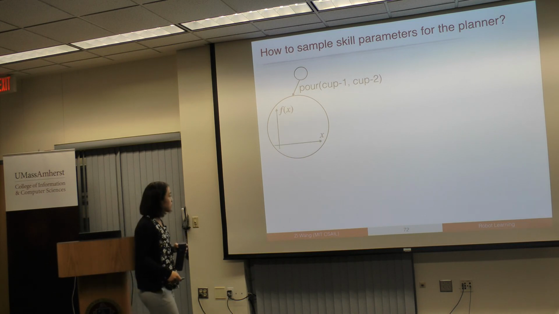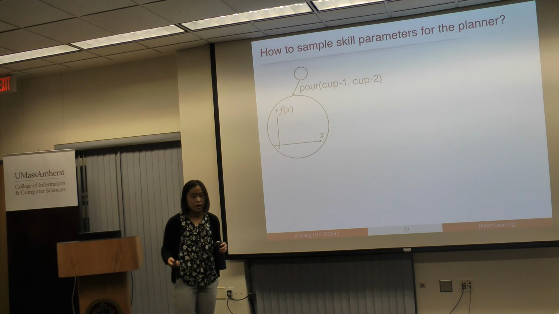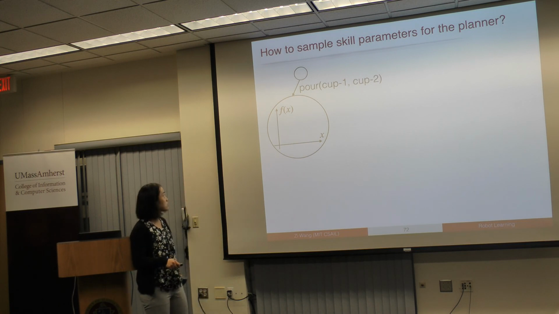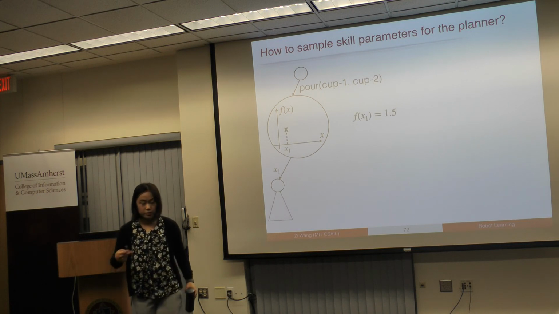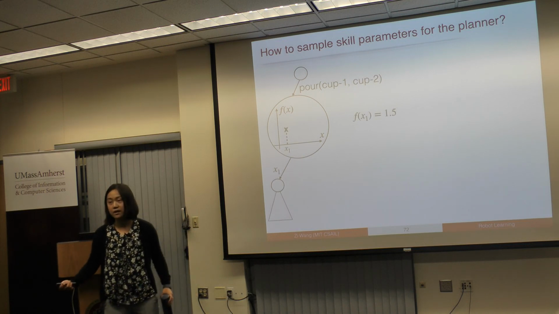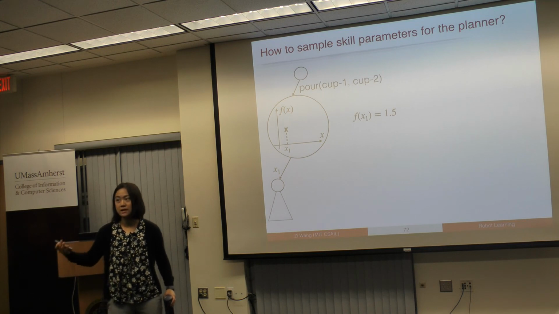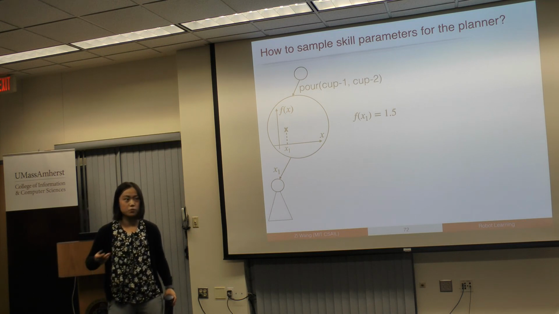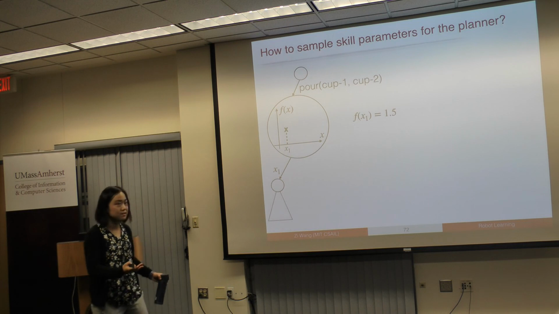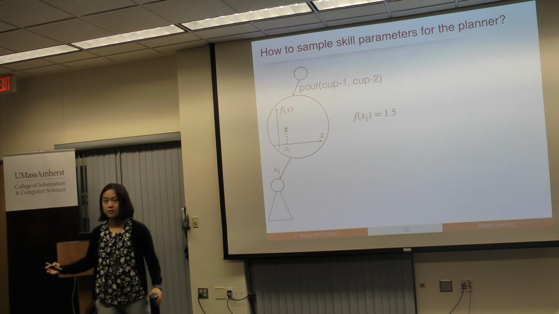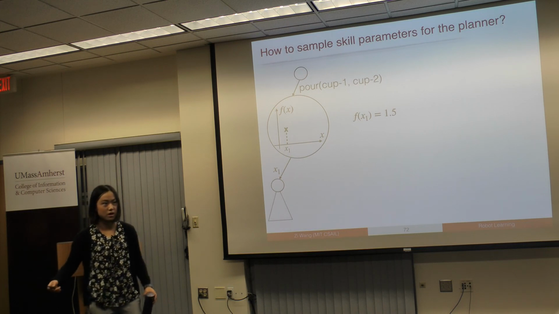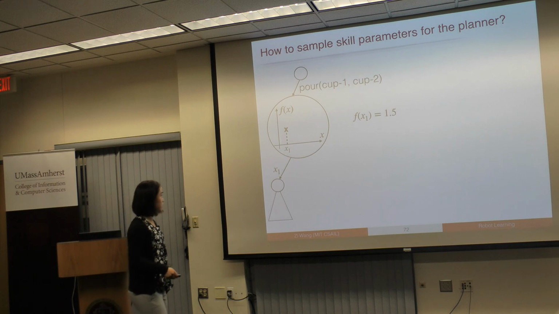And basically, you can view this process as trying to sample different x, and then we can get some observation from the planner that basically gives us a value of how this x contributes to finding a final plan, or whether there is a final plan or not. So we can keep doing this.